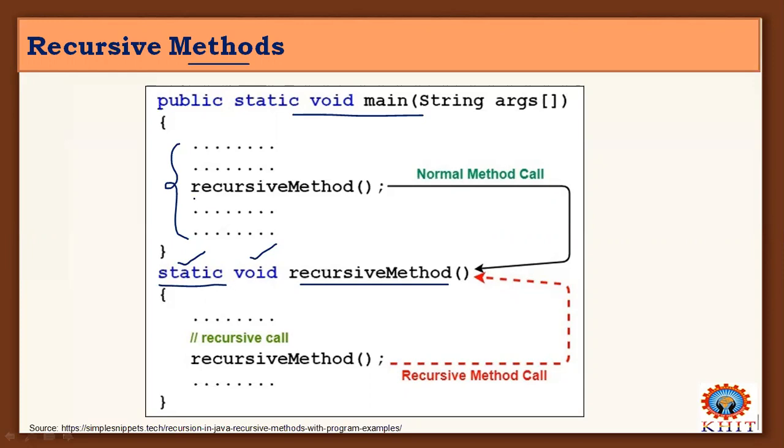So we can call it by the name of this recursive method. When we call this method in the main method of Java, it is nothing but a normal method call. When we call by name, the function executes at this position of the main function, and the control flow shifts to this recursive method for its execution.